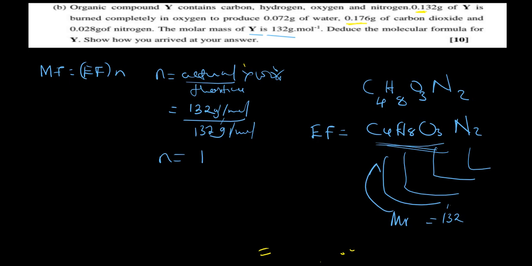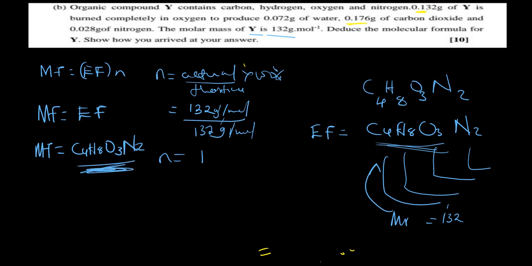In this case the molecular formula is equal to the empirical formula, which is C4H8O3N2. So this was the answer. Thank you very much. Let's go to the next page as well.